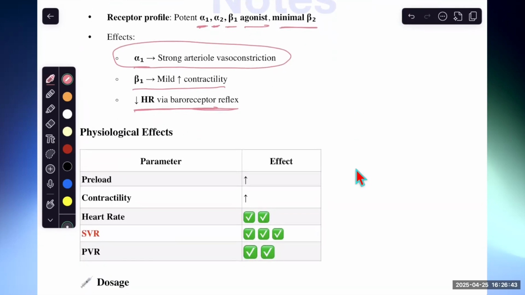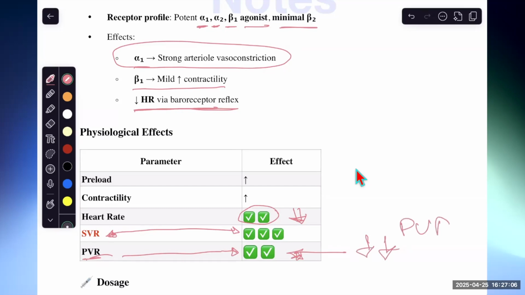Here, I put it for you so that you remember that this is number 1, number 2, number 3. And this one is a direct effect, but it will also decrease as a reflex. And PVR, as you see, also it has not the optimal effect. Although I've read some papers saying that some patients will have a decrease in the PVR with noradrenaline, which is very strange, by the way.